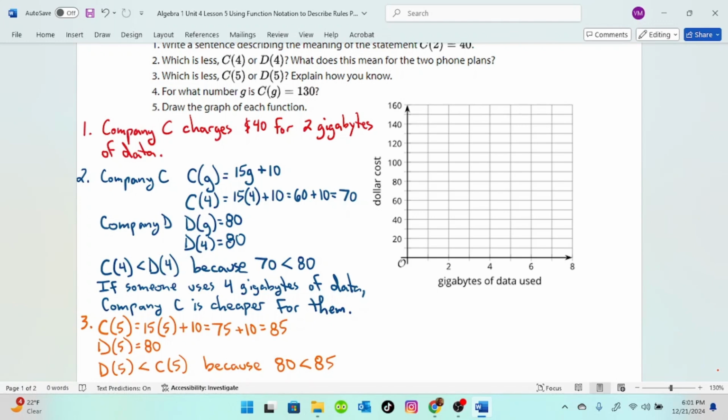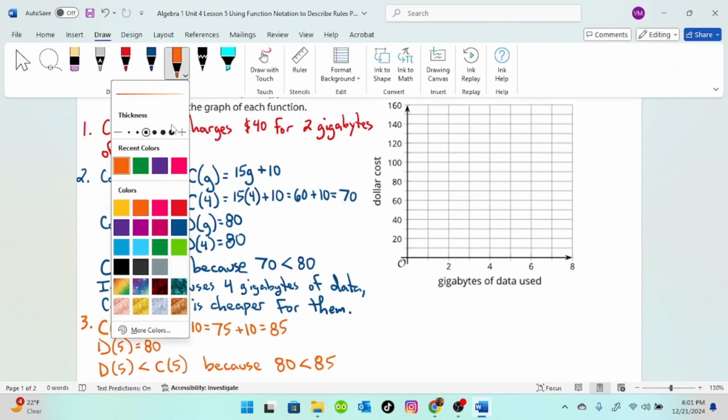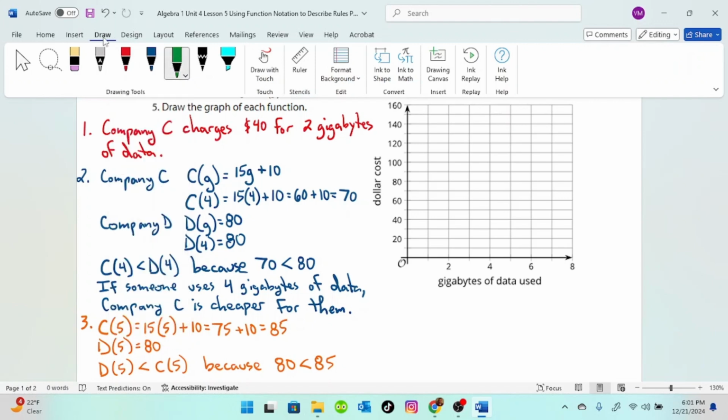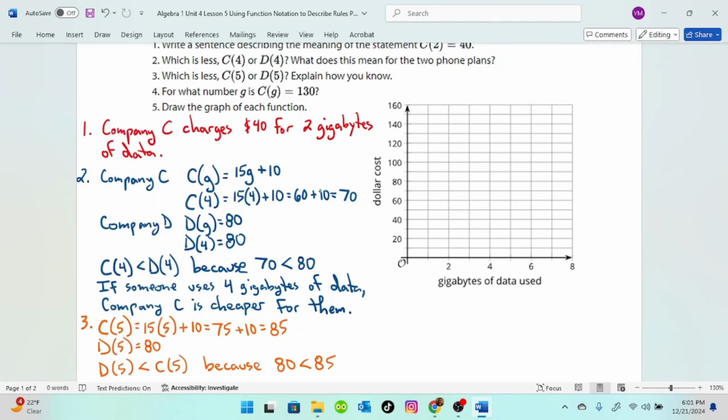Number 4. For what number, G, is C of G equal to 130? What we want to do is substitute 130 into that equation for C of G that we had calculated.